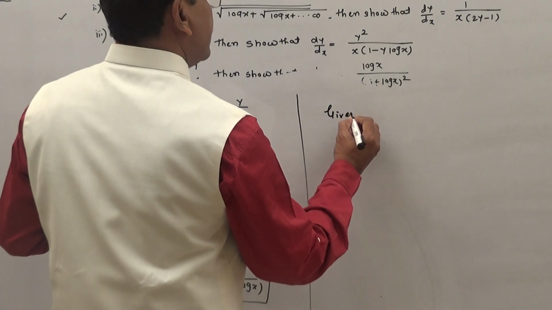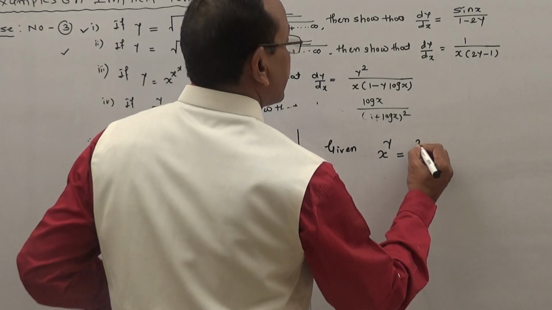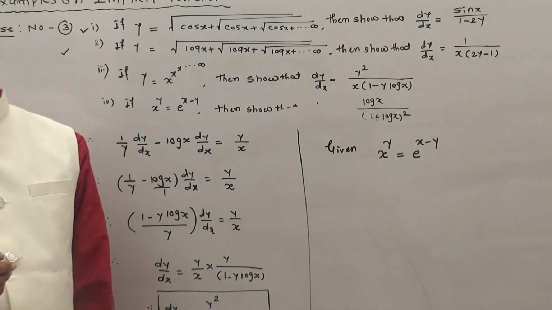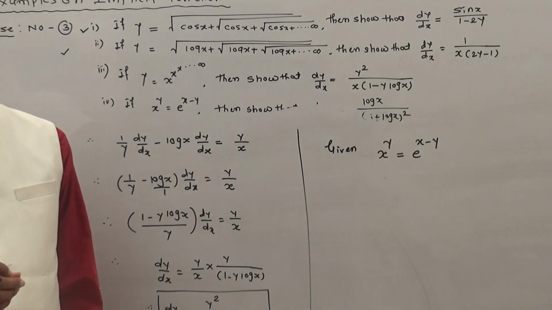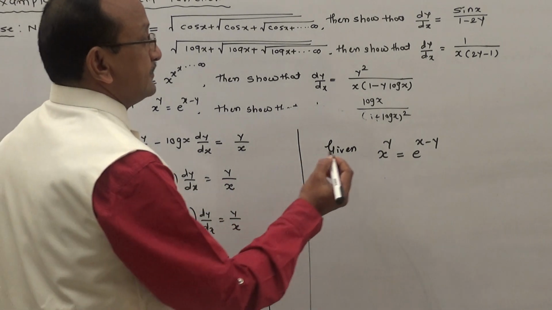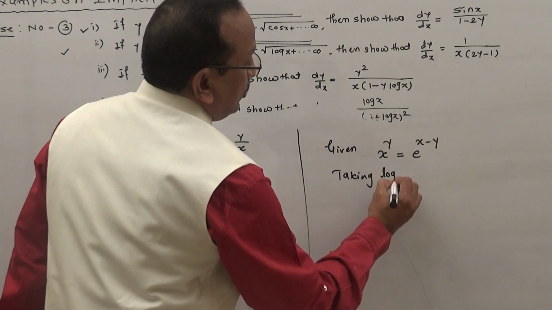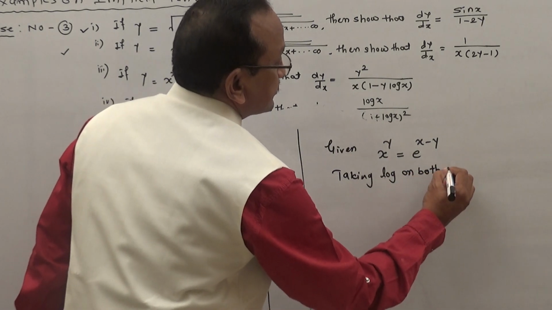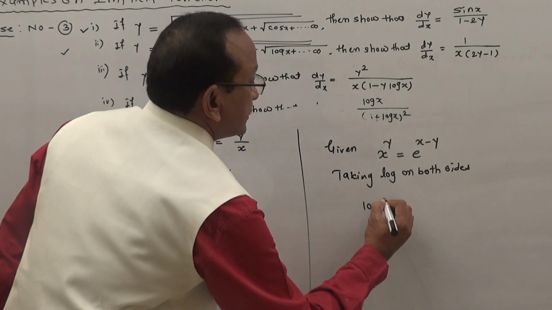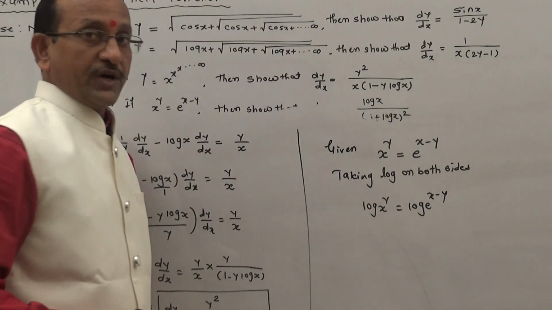Given x raised to power y is equal to e raised to power x minus y. Here in this example, a function raised to a power function is given, so it is easy to take log on both sides, simplify it, take differentiation and get the answer. Now taking log on both sides, log of x raised to power y is equal to log of e raised to power x minus y.